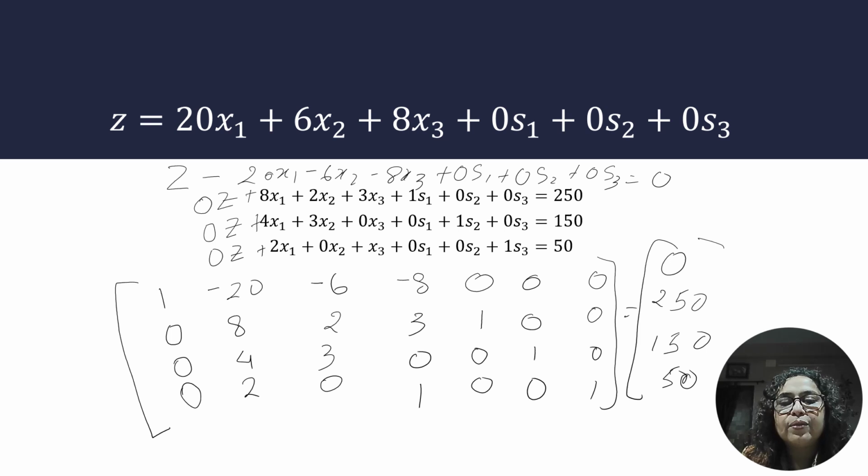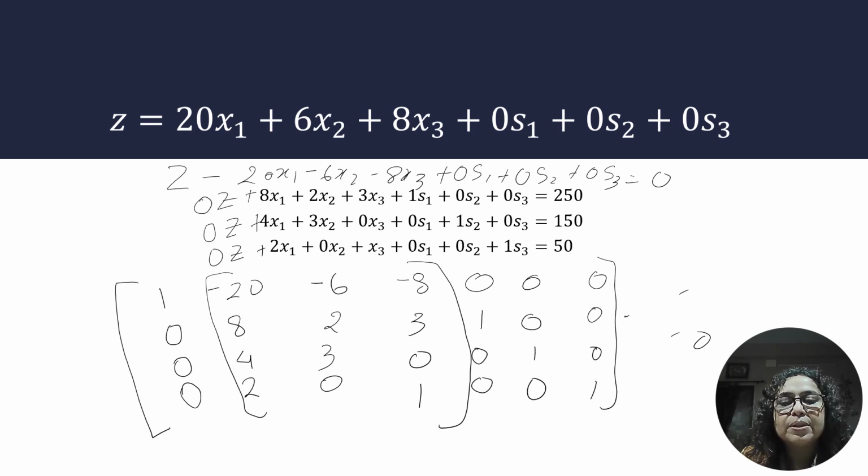Now see if we set x1, x2, x3 equal to 0, this part vanishes because we have set these three variables. Okay, I have to write the variables as well. We cannot miss that. So what are the variables?